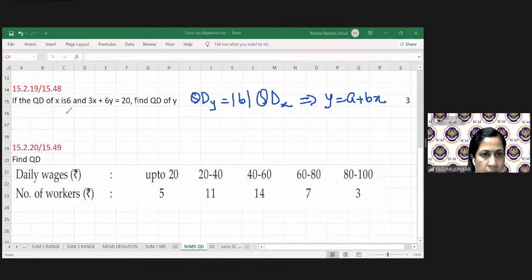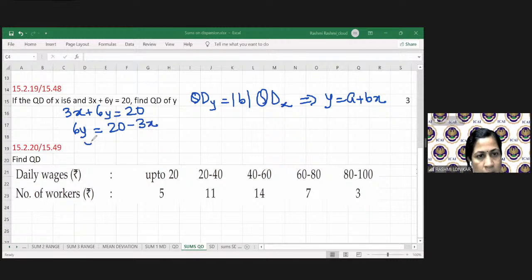Okay, so the given equation is 3x plus 6y is equal to 20. So 6y will be equal to 20 minus 3x. So y will be equal to 20 upon 6 minus 3 upon 6 into x. What does this imply? b is equal to minus 3 by 6, which is minus half.